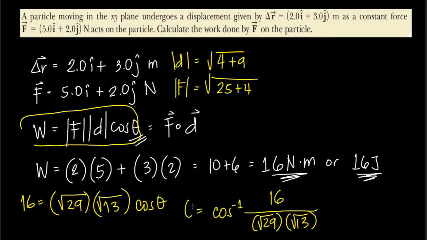And now, you are left with just theta. Okay? So, theta is arc cosine of 16 divided by square root of 29 times square root of 13. Okay, which is equal to 34.51 degrees. So, we know that the work done in this whole situation is 16 joules and the angle between the force and the distance where the particle moved is 34.51 degrees.